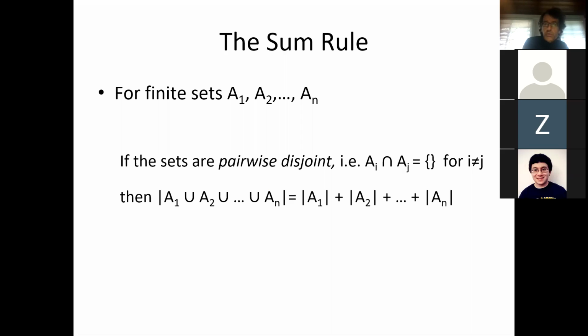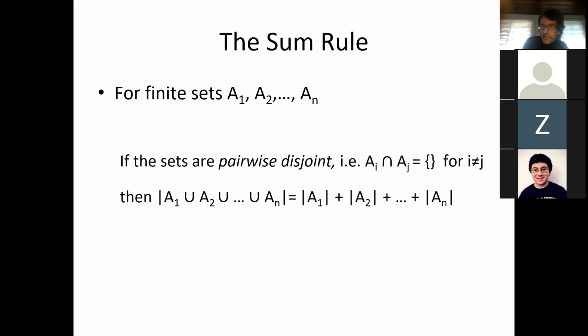So how many objects are there? Well, the number of elements in the union. And it is easy to count a union of sets if the sets are pairwise disjoint, so if there is nothing in the intersection between any two of these sets, right?